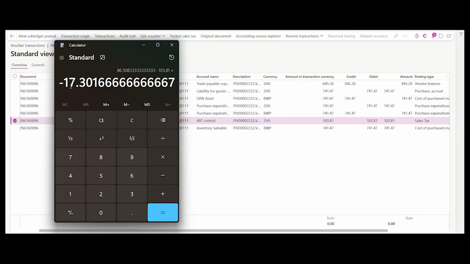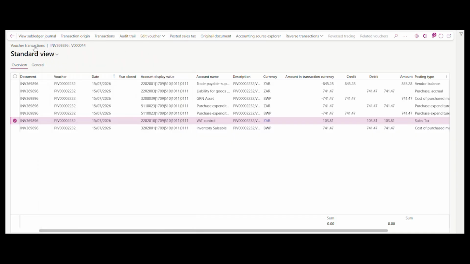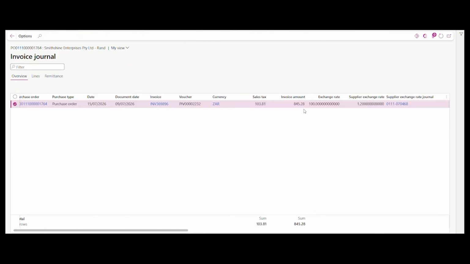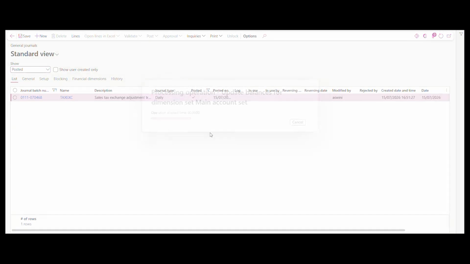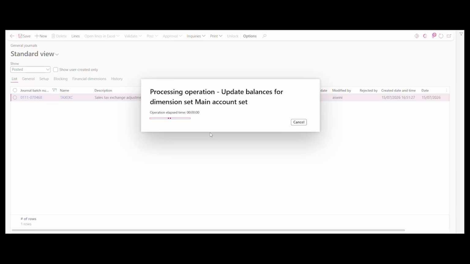So this 17.30 is the calculation which has been posted to the VAT adjustment account, and the difference will go to the forex account. It's up to us which ledger accounts it should go to, but this is how we can maintain the dual exchange rate for the tax filings on the purchase order.